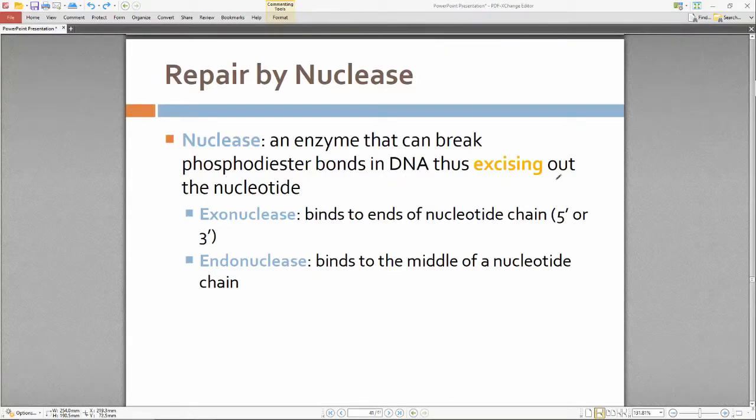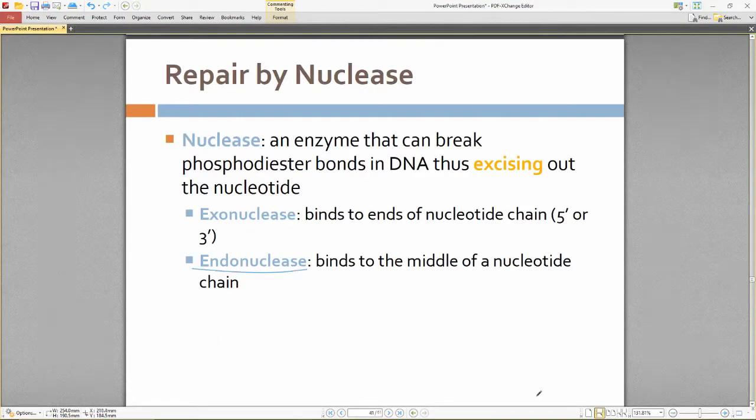So, repair by nuclease. A nuclease is an enzyme that can break phosphodiester bonds in DNA, and they can excise out the nucleotide. An exonuclease binds to the end of a nucleotide chain, so they can cut off. For example, let's say your DNAP, which is an example of an exonuclease, is going along, doing its thing.